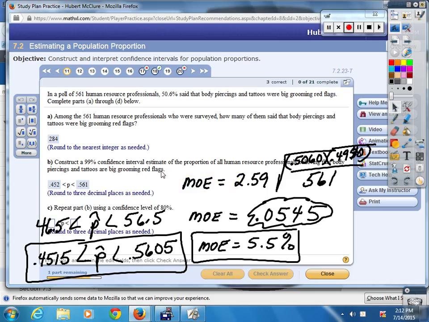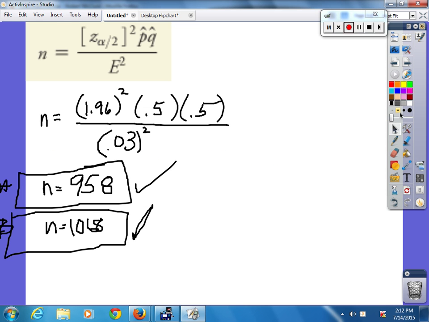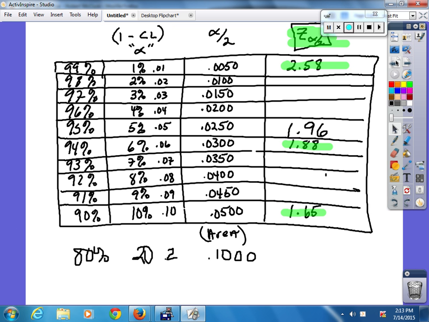Okay, now they say to use 80%. Didn't we do 80% on that card? Yeah. 80% confidence leaves 0.1000 in the tail. I want to say 1.28, but I may be wrong. Somebody do an inverse norm of 0.1000.